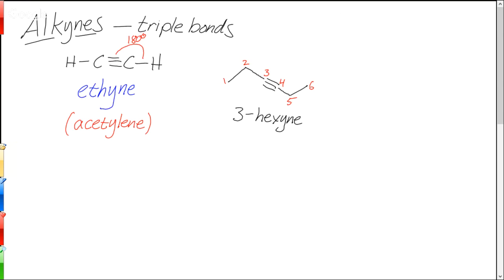So this would be 1-hexyne. And either side of that triple bond is a carbon. But we don't make the angle bend right around those.